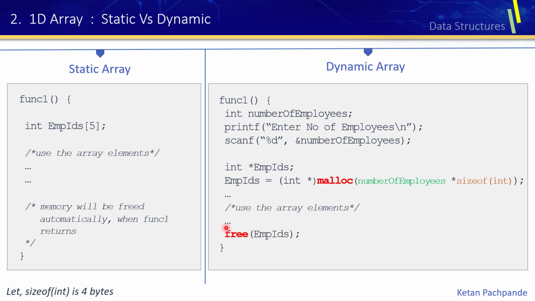And once I am done using these array elements, I can free the entire memory that was allocated with the help of the free function. I have explained the malloc, calloc and free functions in my previous video also. So that's how static array allocation differs from dynamic array allocation.